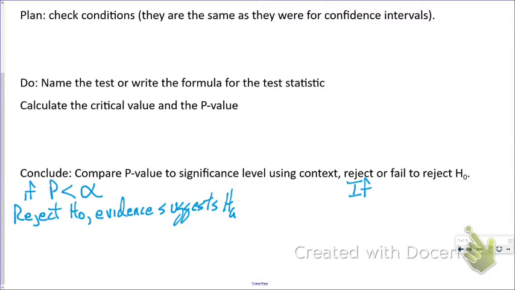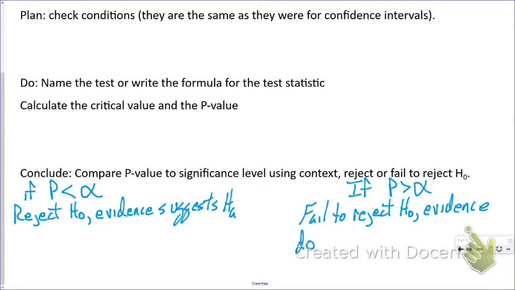If p is greater than alpha, we will fail to reject H0. Evidence does not suggest HA.